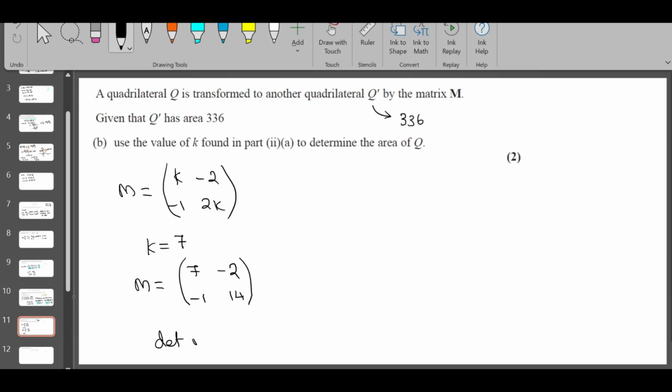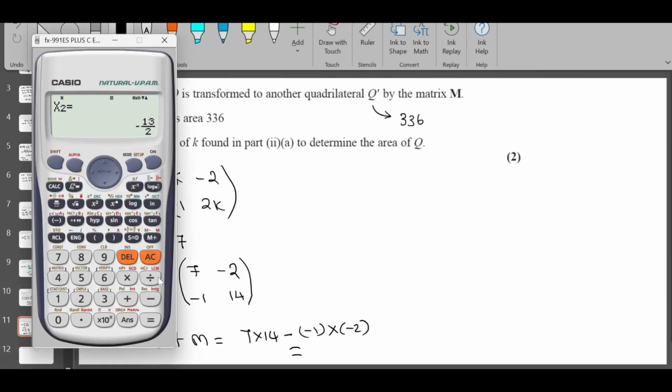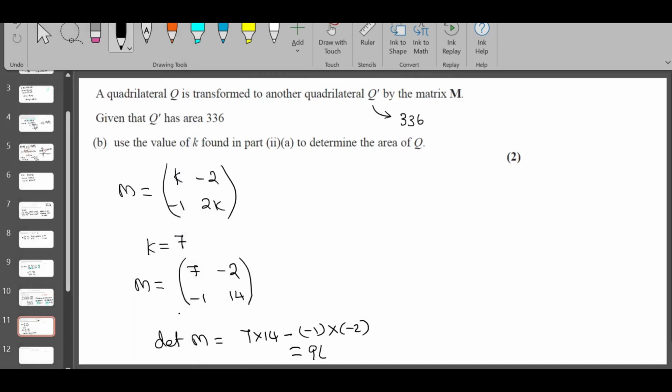Let's find the determinant value of M. Multiply these two: 7 times 14 minus 1 times minus 2. That's how we find the determinant value, right? So it's going to be 7 times 14 minus 1 times minus 2, which is positive 2. So you get 96. Why do we need a determinant value here? Whenever you apply a transformation, that's an area scale factor of 96. So if you take the area of Q and multiply by this scale factor, you will get the area of the transformed figure.